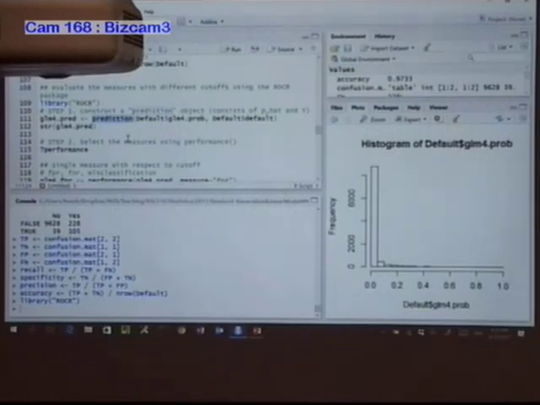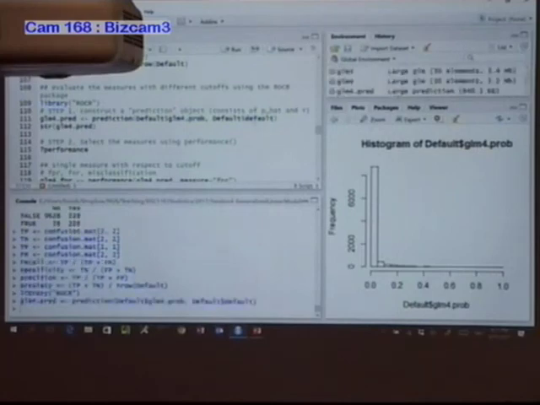What this would do later is, by changing the cutoff, compare the probability with the cutoff, and you will have the Y predictions. Then you compare the Y predictions with the true Y's. Right? How many false positive, how many false negative. But this is just the first step. It constructs a prediction object by combining your probability prediction and the true Y's. Right? And this step doesn't do anything.